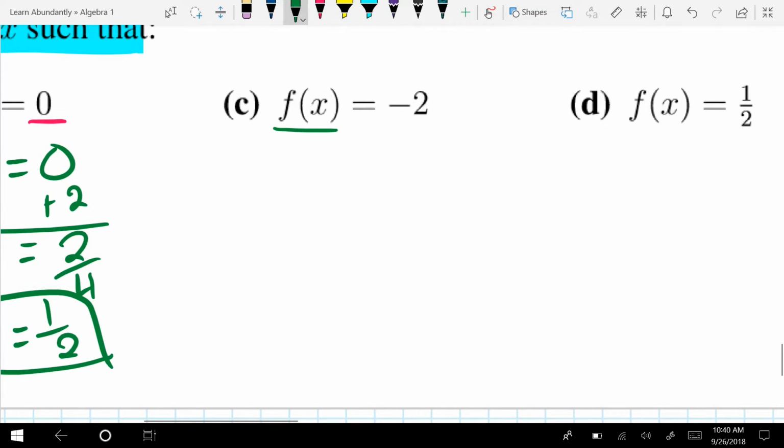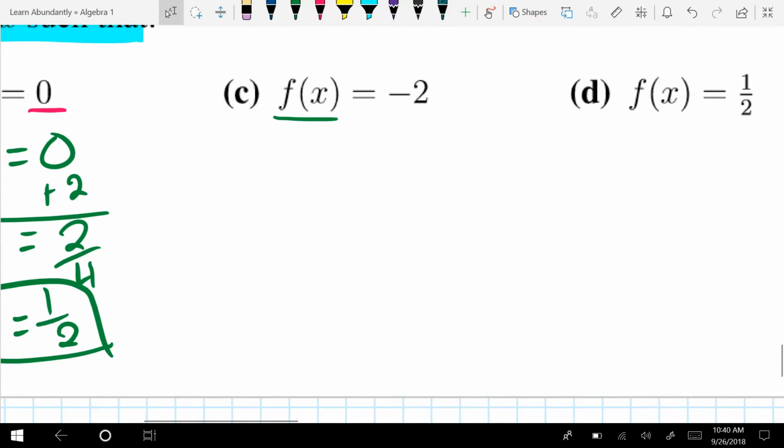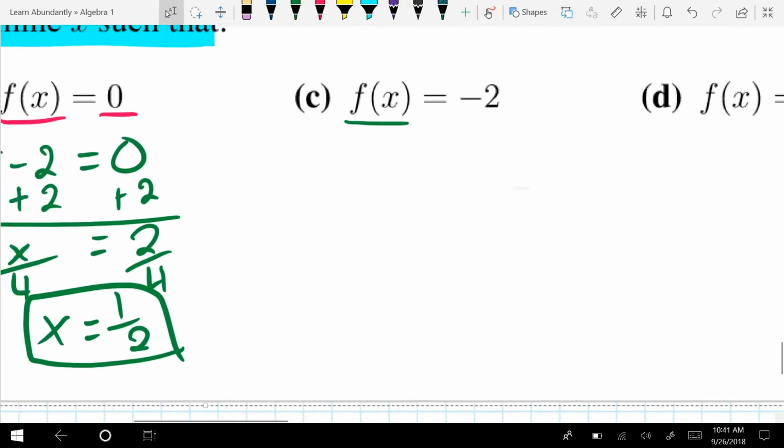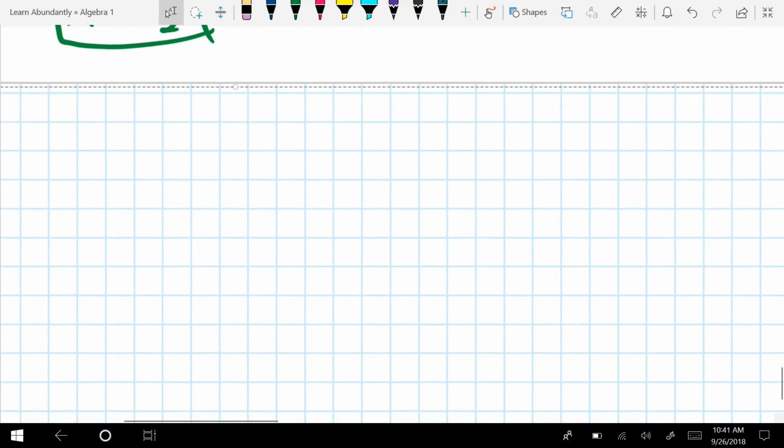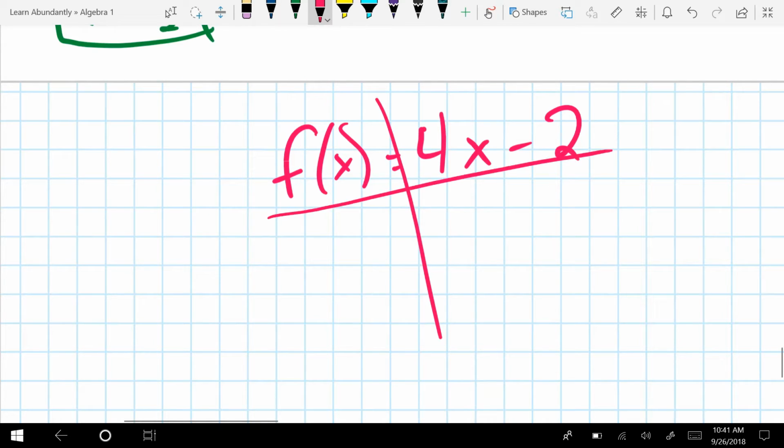But instead of substituting out, I'm going to take my f of x in this scratch area over here. I'm going to take the f of x, which equals 4x minus 2. And I'm going to try to get the x by itself. So I'm going to add 2 to both sides because that's what I did in both of those equations.